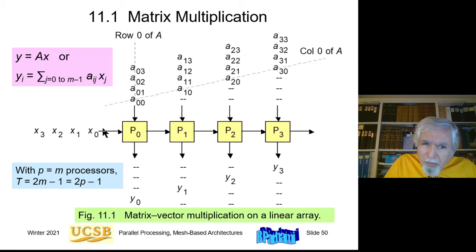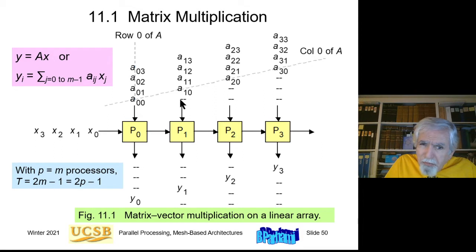A01 enters from above and x1 enters from the left, so you have a01 times x1 plus a02 times x2 plus a03 times x3. Once x0 enters here, it's passed on in the next clock cycle to this next processor. That's why the elements of the matrix enter 1 clock cycle later.